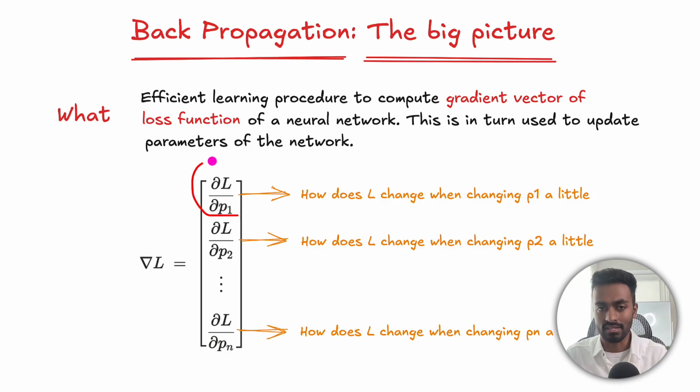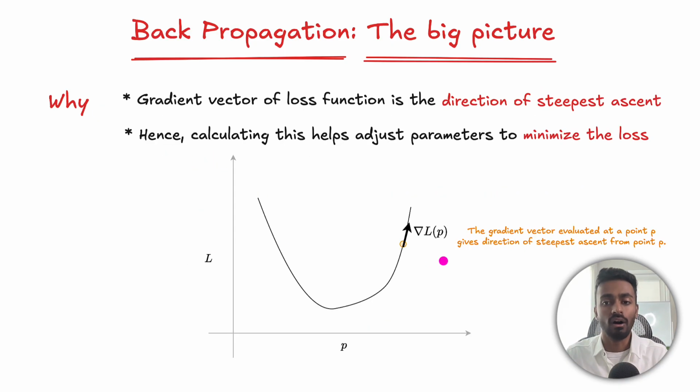Now, while each of these is a scalar value, the overall vector, when evaluated at a specific parameter vector P, is going to give us the direction of steepest ascent of this function L. Now, L is a loss function, and we want to minimize this cost.